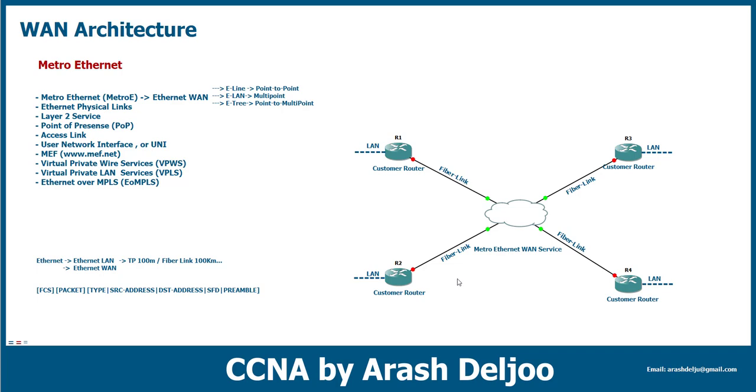But you know that the service providers need to install some facilities near to the multiple customers. For example, assume that in one city, in one street, we have multiple customers. That service provider can install a facility to, for example, that place.